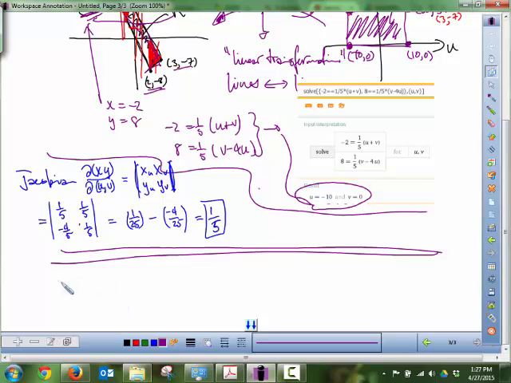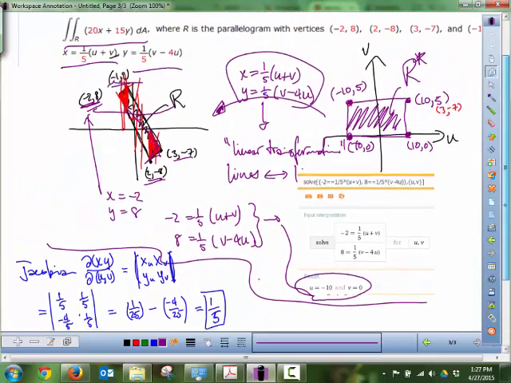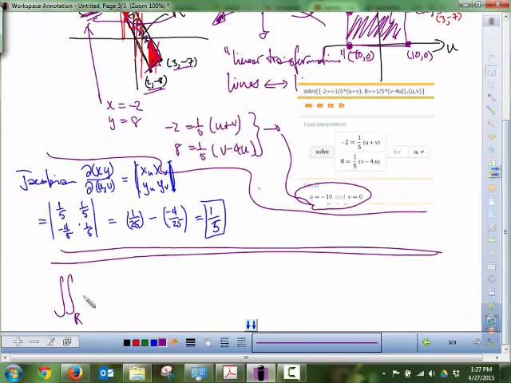So let me rewrite the actual problem. This is a double integral over a region R of 20x plus 15y dA, and the dA is our dx dy. And let me do this in a couple of steps.